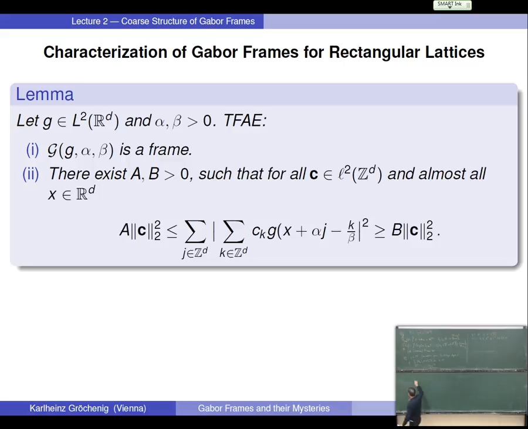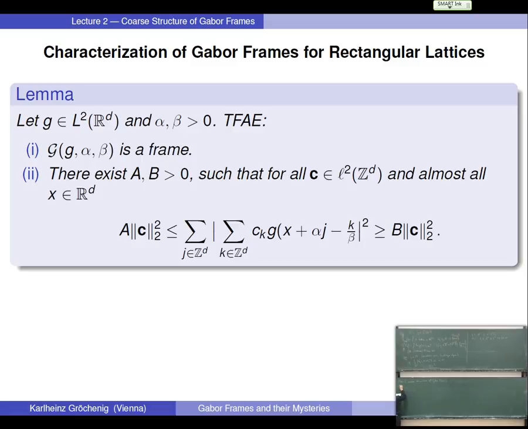Now comes the second main statement. I call it the coarse structure of Gabor frames. So this is a theorem that works for all windows. It's sort of a general statement that you can make about the frame set.